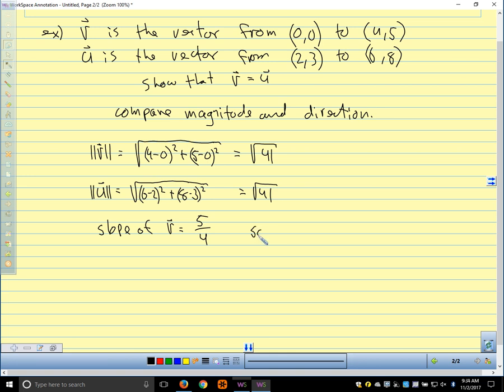And the slope of u is y2 minus y1, 8 minus 3 is 5, over x2 minus x1, 4, so five fourths. Same magnitudes, same slopes. So that tells us that u equals v, or v equals u.